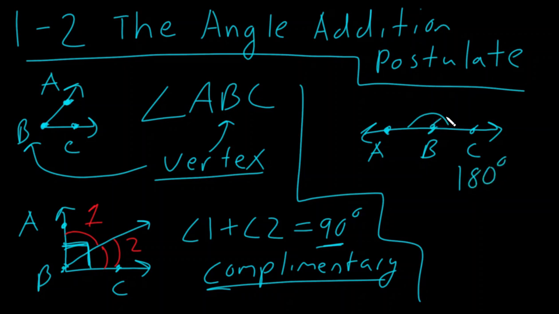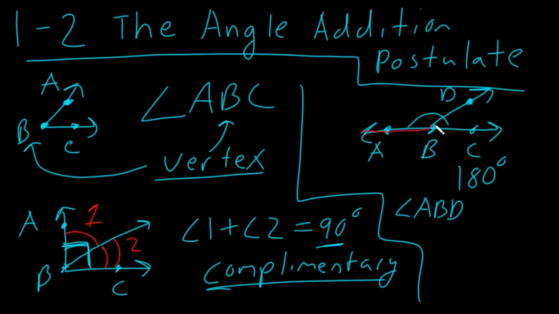And what if I drew a ray coming off of this, and I gave this the point D? What could we say? Instead of labeling this 1 and 2, I could actually say angle A, B, D. And in fact, let me use a different color to really drive it home.